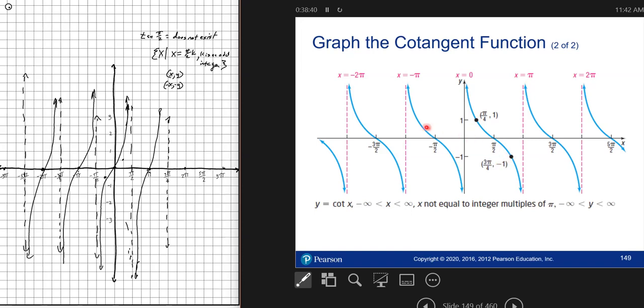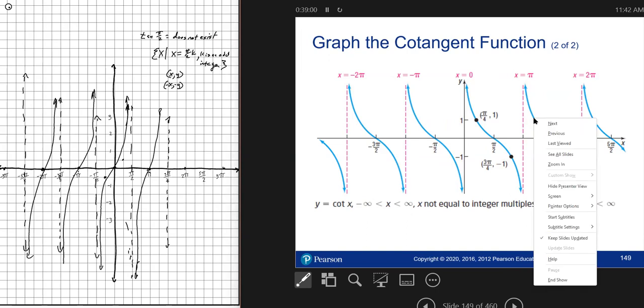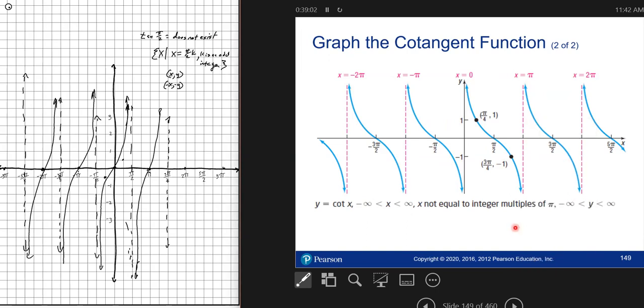This point is reflected up there. This point way down here is reflected way up here. This point is reflected over to here. So that's what happens there with those.